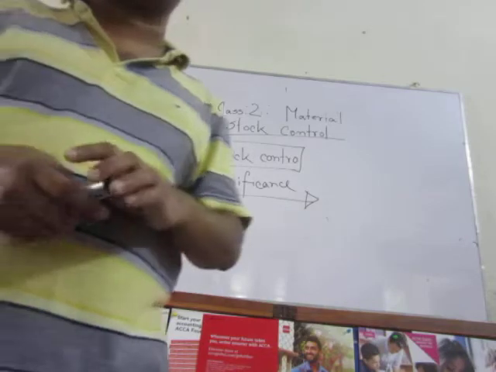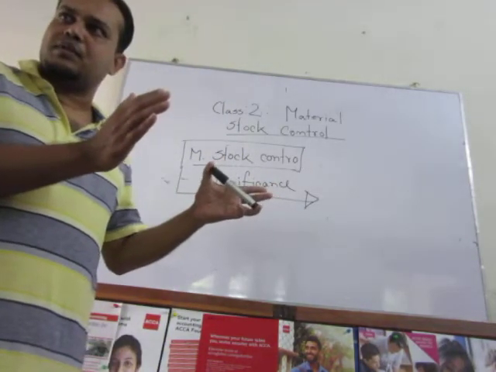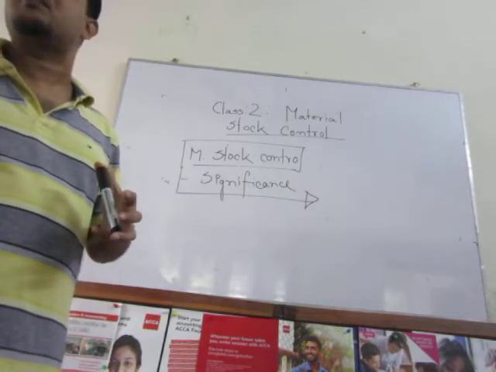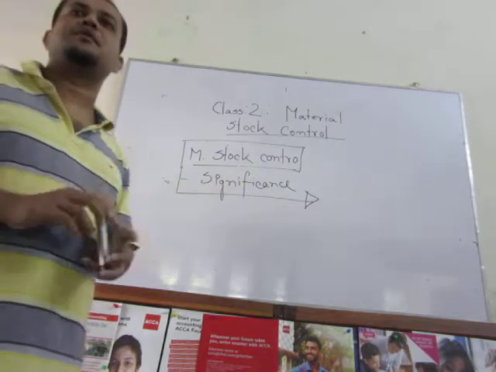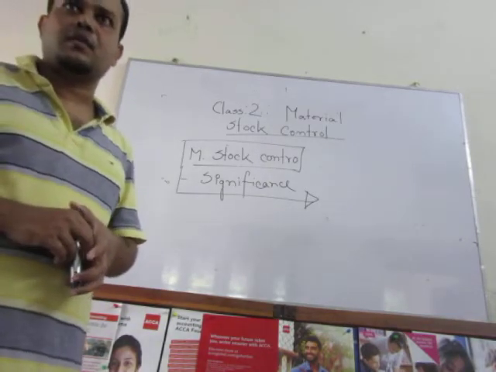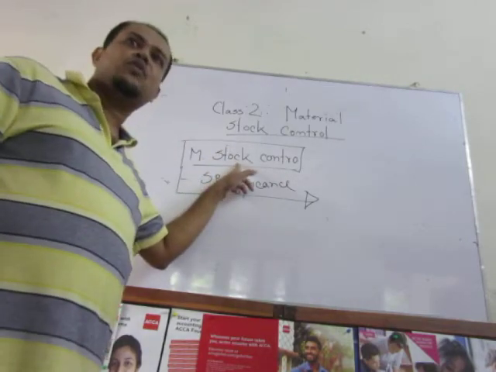Then if you think about the finished goods, if you do not stock the finished goods, it may be possible that when an emergency demand arises, you cannot support that. In that case there may be a possibility of losing customers. Your customer is shifted to your competitors, right? So these are the reasons why we need to control the stock.